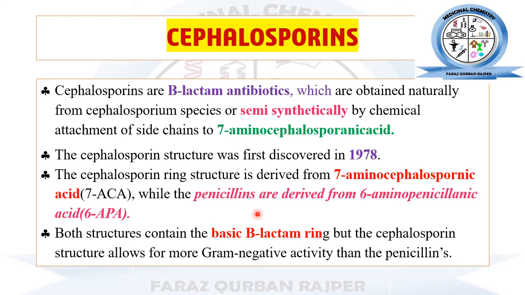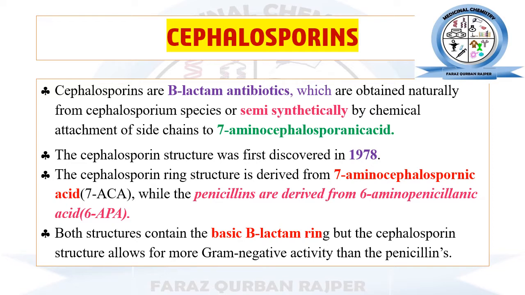So this is one of the basic structural differences between the penicillin and cephalosporin chemical structures. But both of them contain the beta-lactam ring. The only difference is the second ring that is fused with the beta-lactam ring.